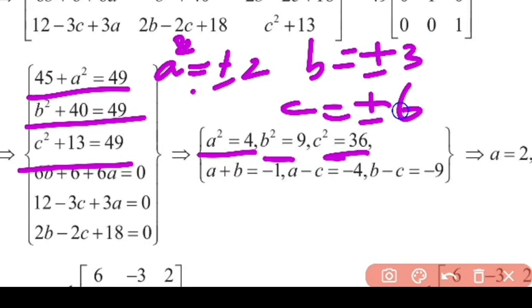Then I take this equation, divide by 6 and transpose the 1 to that side, so it becomes a plus b equals minus 1.